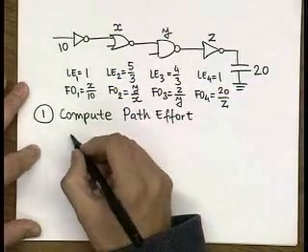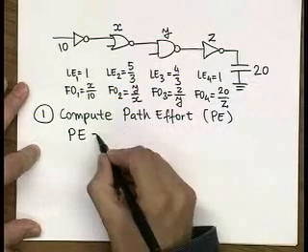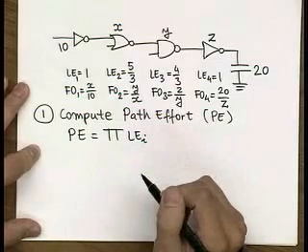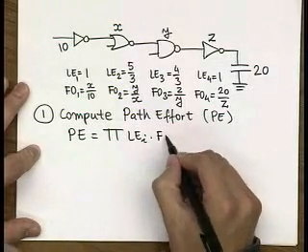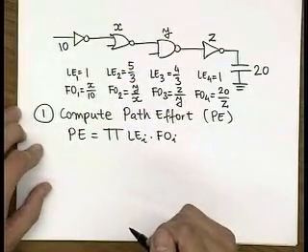We know that path effort is equal to the product of the logical effort of all stages times the fan out of all stages.